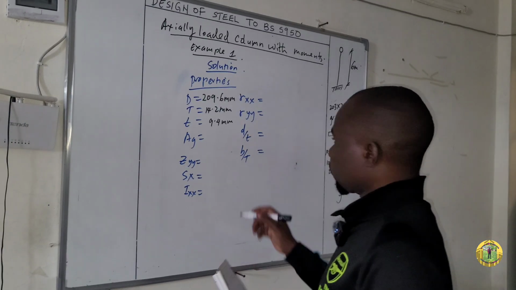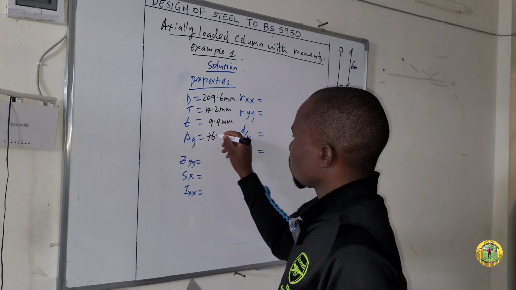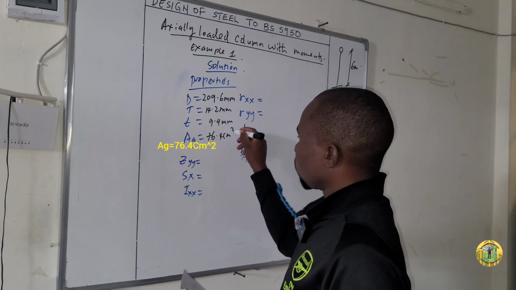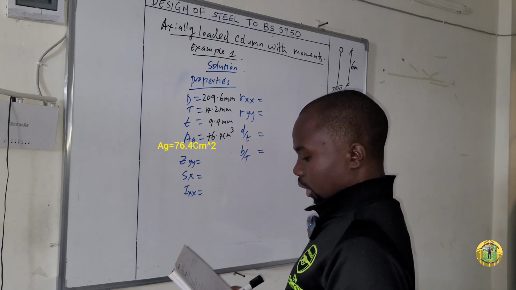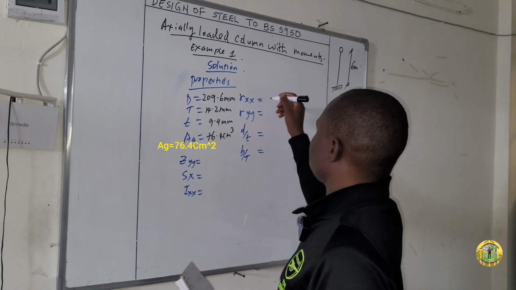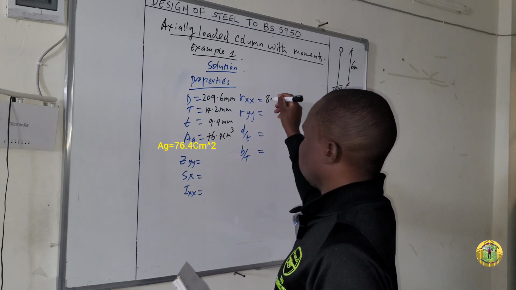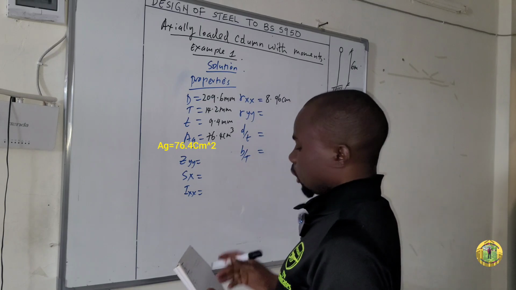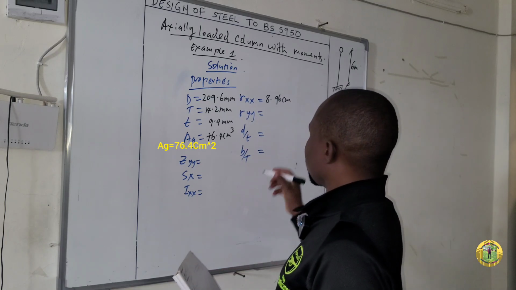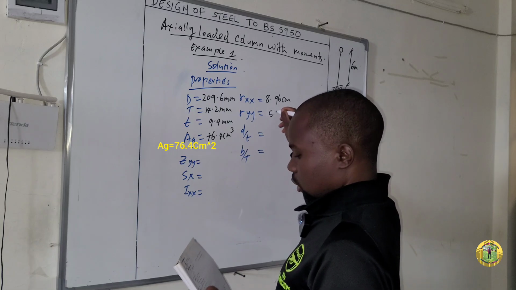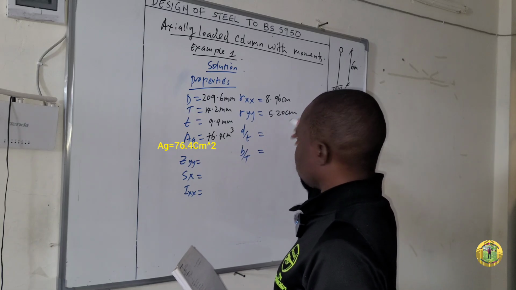So area is 76.4 centimeter to the power of 3. And then we have RXX, radius of gyration on the XX axis, 8.96 centimeter. And then RYY, 5.20 centimeters.